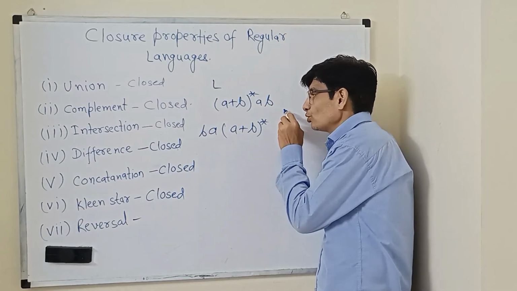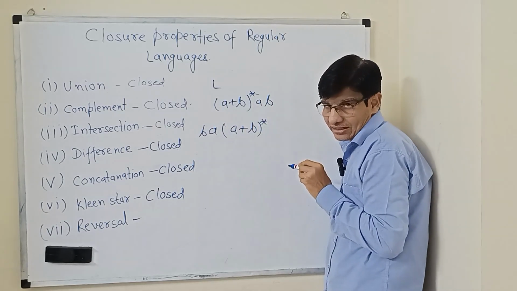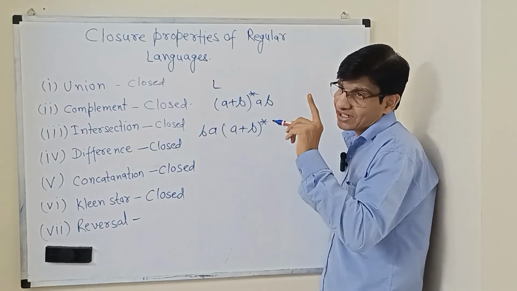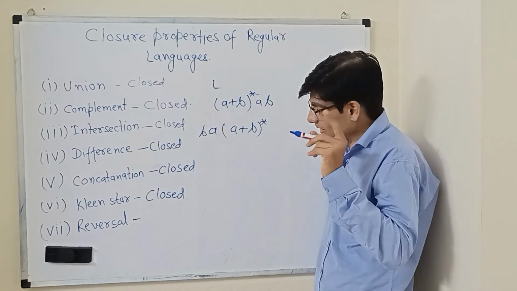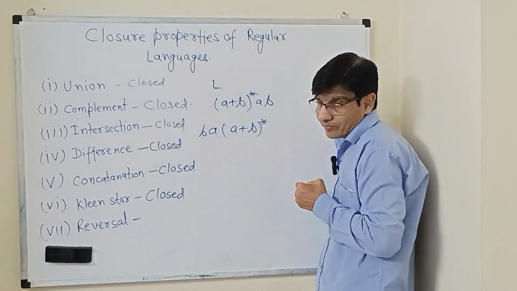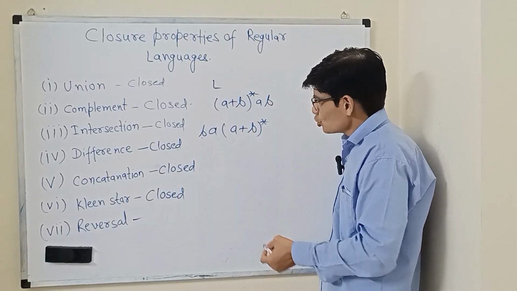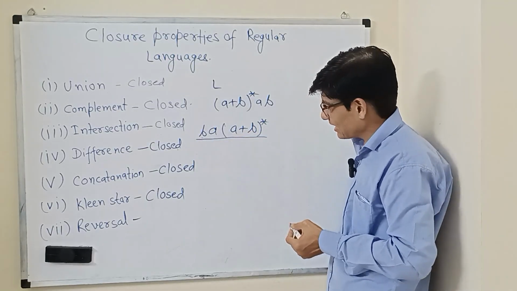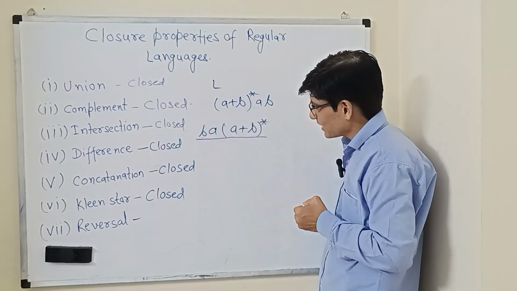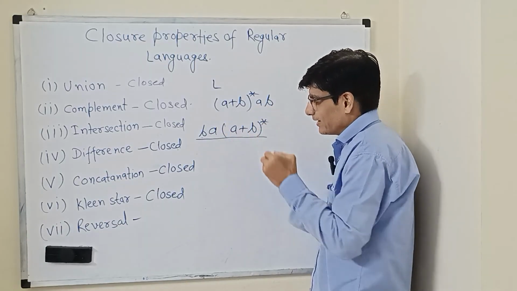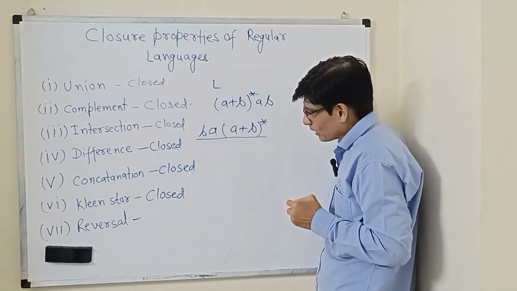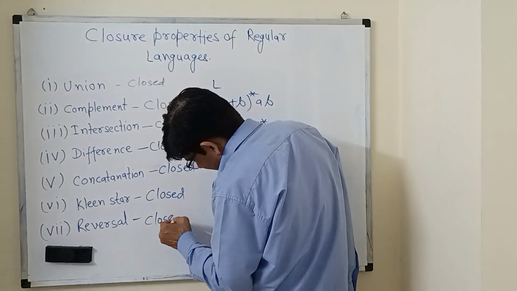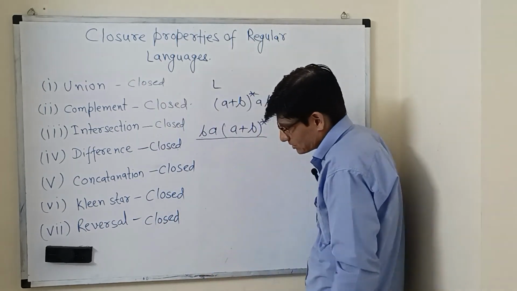Now if we reverse all the strings of this language, we get all strings of A and B starting with BA. For this I can definitely write a regular expression, and if I can write a regular expression, then it is a regular language. So I can write regular languages are closed under reversal operation.